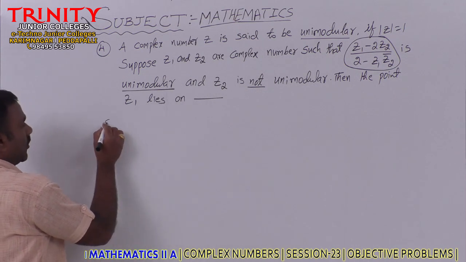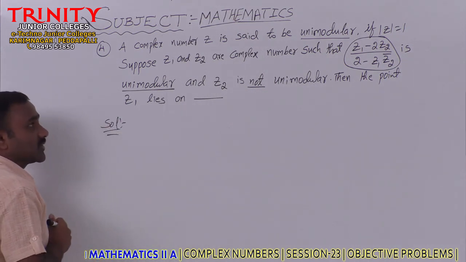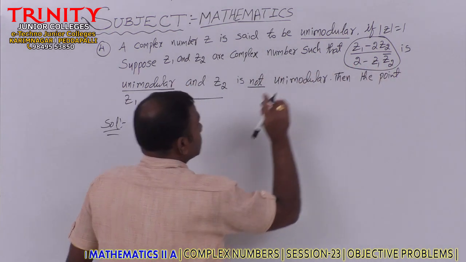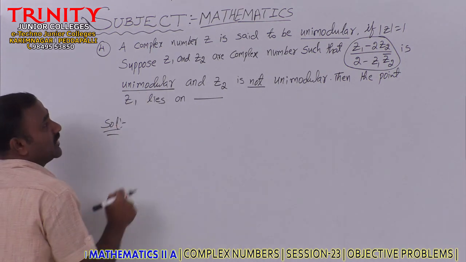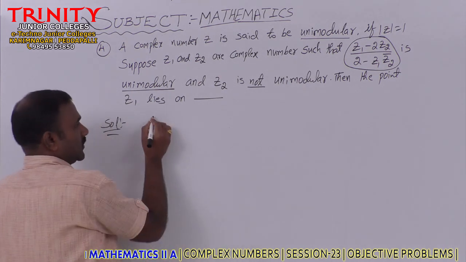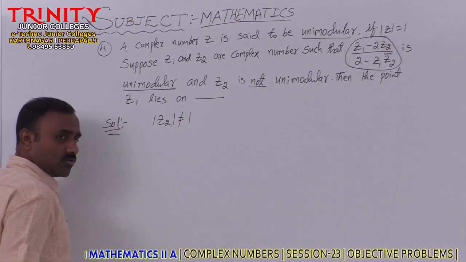Now we have to find the curve represented by z1. What is given? z1 minus 2z2 by 2 minus z1 z2 bar is unimodular, and z2 is not unimodular, modulus of z2 is not equal to 1.